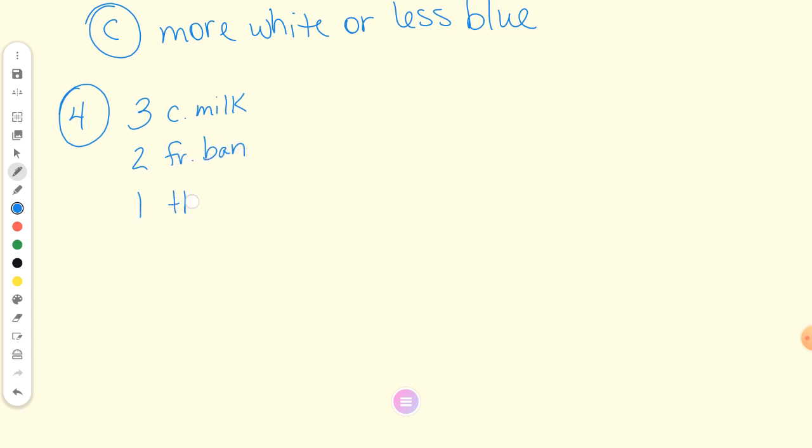I wrote it as TBSP CHOC SYRUP, and I wrote it like that because I know the labels are going to be important.